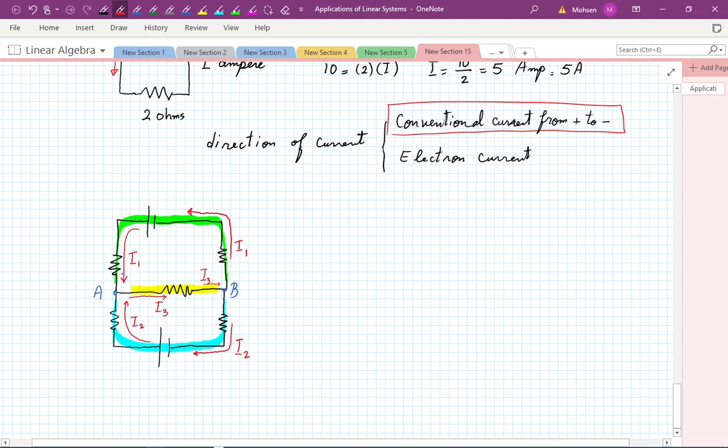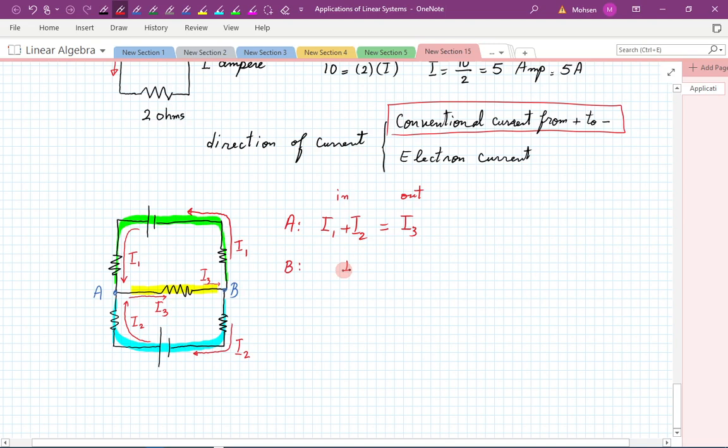So this is what is coming in, and this is what's coming out of that node. In B, you have exactly the same thing, but who's in and who's out are reversing their positions. What's coming into B is I3. What's going out of B is I1 and I2. Of course, these two equations are the same thing, even though physically we're thinking about them as different items.